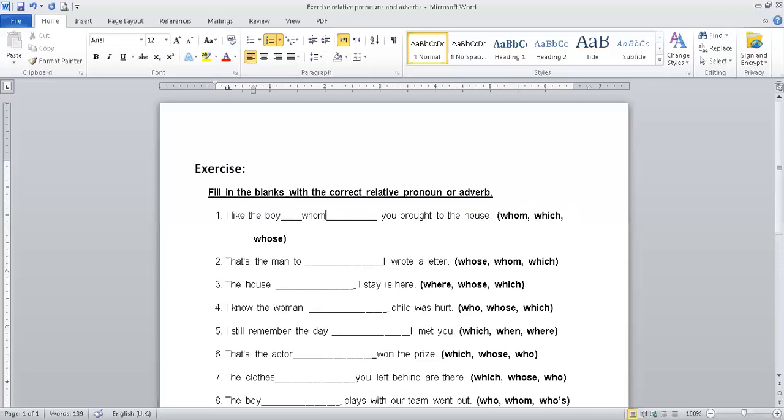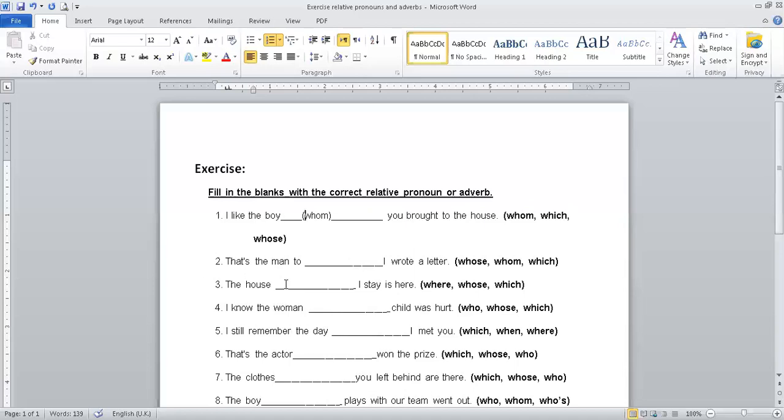I is the subject. So therefore we can drop whom and say the sentence without whom. That means you can drop whom. Whom defines the boy. The boy is an object. Okay, we can say the sentence without whom. I like the boy you brought to the house. It's correct.